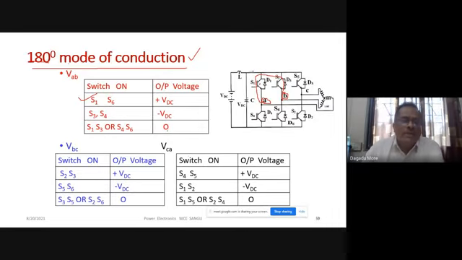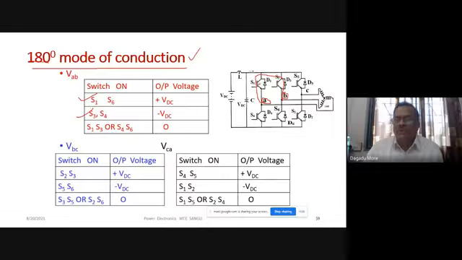So this you can call a truth table. When VAB is positive, S1 and S6 are on, VAB is plus VDC. When S3 and S4 are on, output VAB is minus VDC.